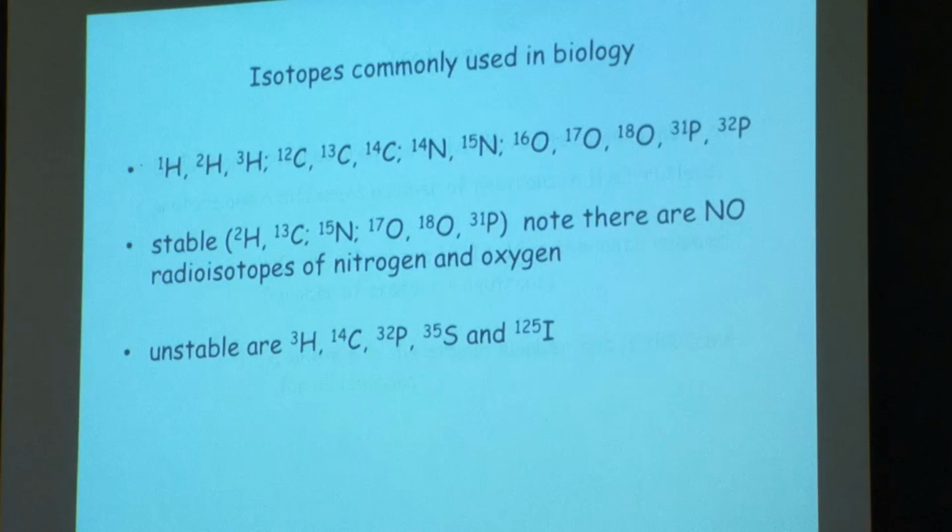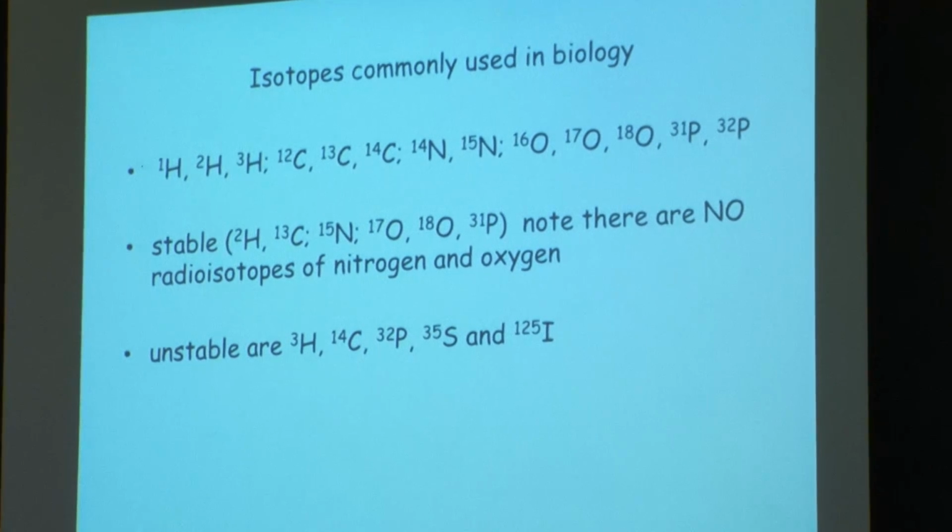So there's minimal difference. And so what are the isotopes that you see used in biology? We've already seen many of these in this paper, but we've also talked about some of them in class today and in the preceding class. So over the course of the semester we're going to be using isotopes of hydrogen. Why?